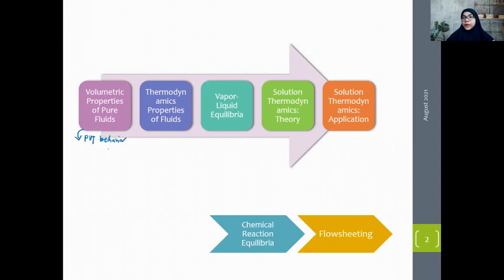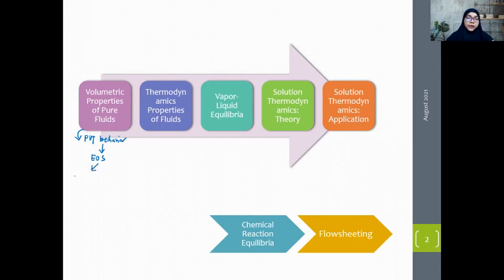The PVT behavior can be expressed in a mathematical equation, such as the equation of state. We refer to the value of the pressure to determine the desired properties such as compressibility factor, fugacity coefficient, enthalpy, entropy, and etc.